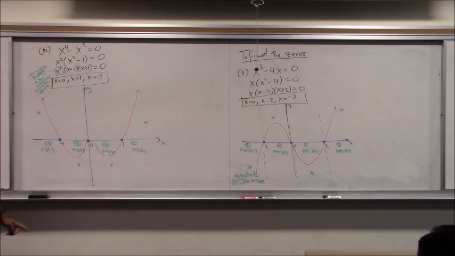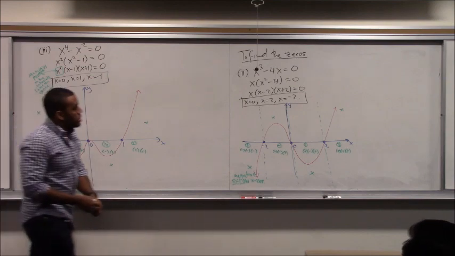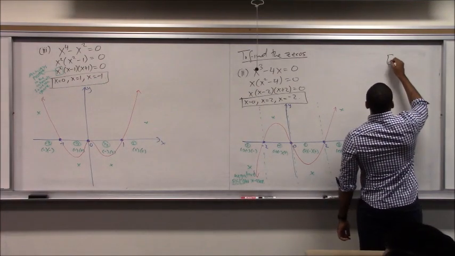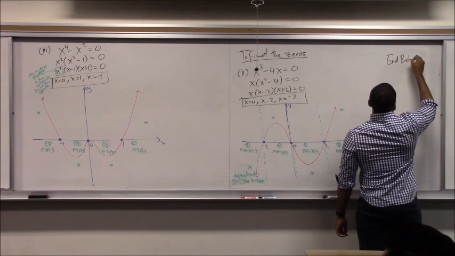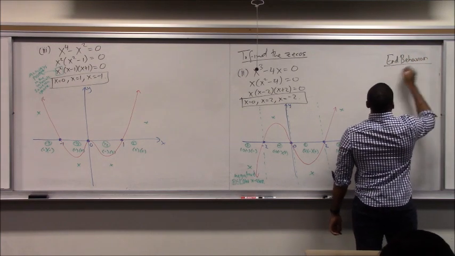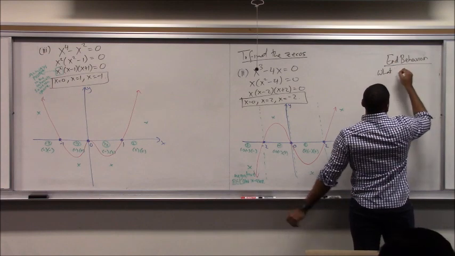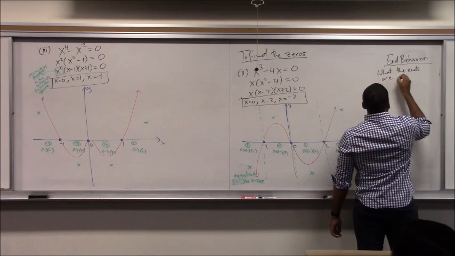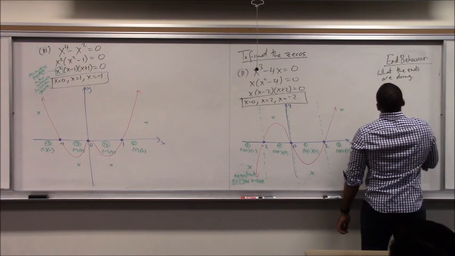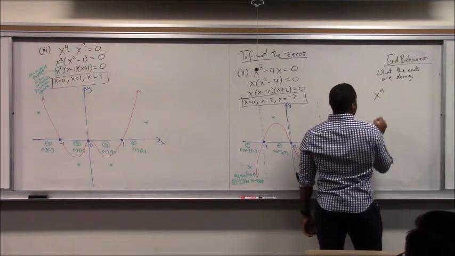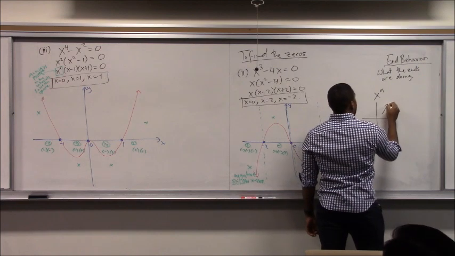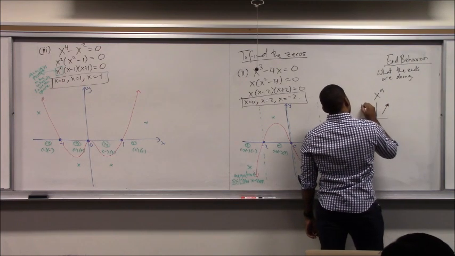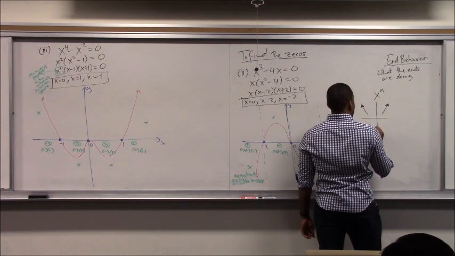A lot of times it can tell you about the behaviors of functions. So another thing you'll hear about all the time is end behavior, which again, if you're doing this, you wouldn't care, right? So there's the notion of end behavior. Essentially, it is what it sounds like, what the ends are doing. You have this idea that for x to the n, both sides will go up if n is even.